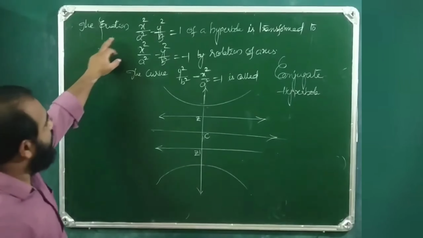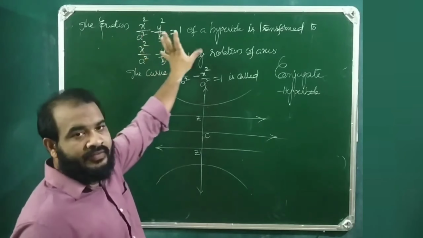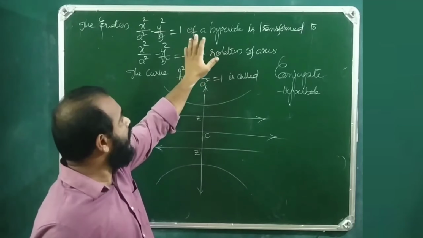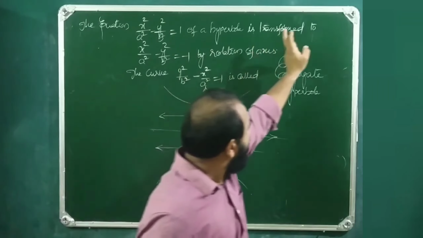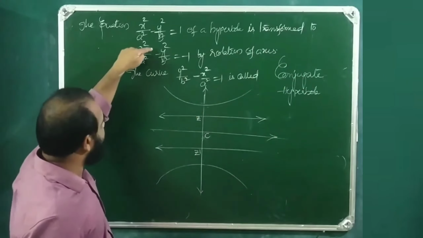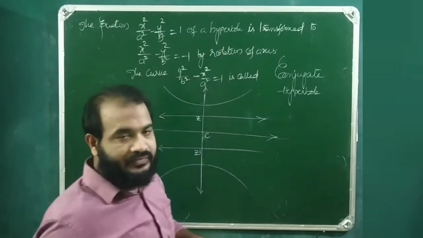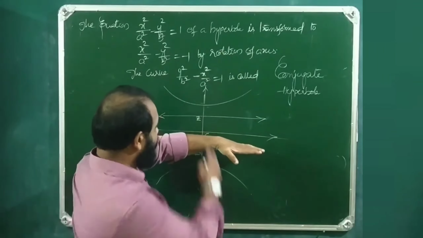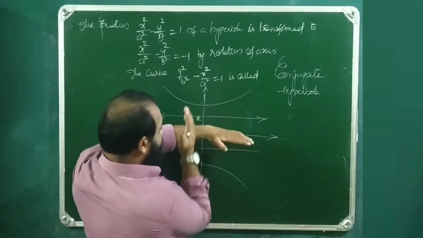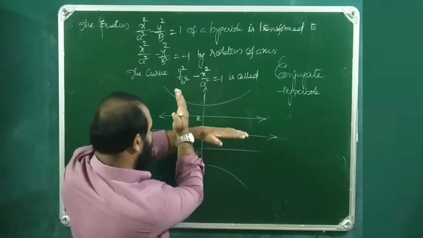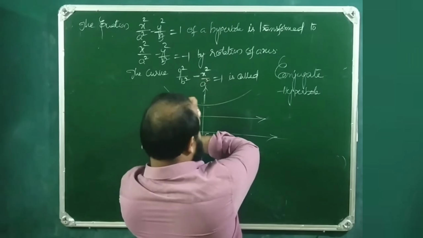The equation x square by a square minus y square by b square equals 1, which is the standard form of the hyperbola which we have derived, is transformed to x square by a square minus y square by b square equals minus 1 by rotation of axis. So keeping the origin fixed, the coordinate axes rotate by 90 degrees.